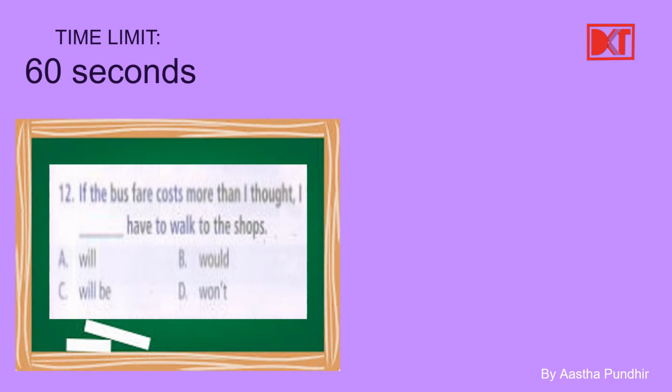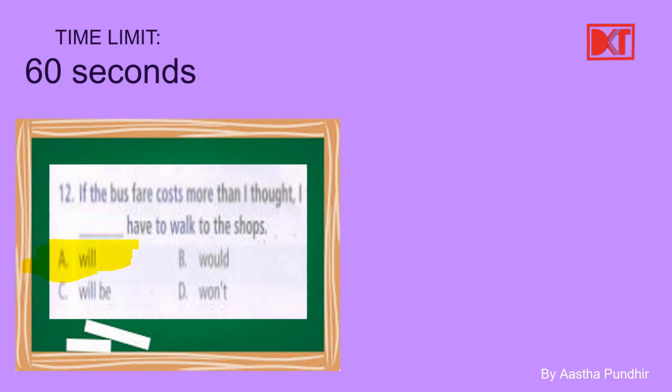Okay, here. If the bus fare costs more than I thought, I dash have to walk to these shops. I will have to, I would have to, I will be have to, or I won't have to. So here the correct answer is A. I will have to. Now here we are talking about the future.